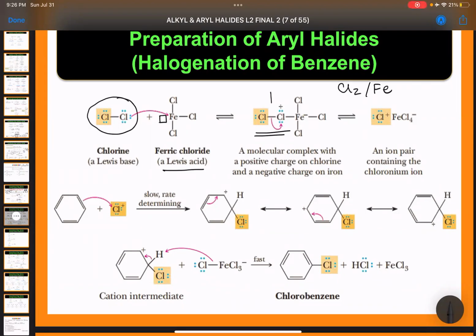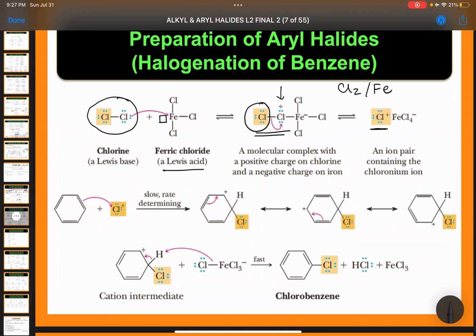Earlier it was non-polar, so now it has become more polar once the chlorine atom gets attached to the Lewis acid, and it is susceptible to cleavage. It will cleave heterolytically, because this chlorine has a plus charge, so while breaking it will take both the electron pair with itself and come out as Cl minus, and this chlorine which is highlighted will be left behind as Cl plus, which is an electrophile, an electron loving species or an electron deficient species. So that's how you generate Cl plus.